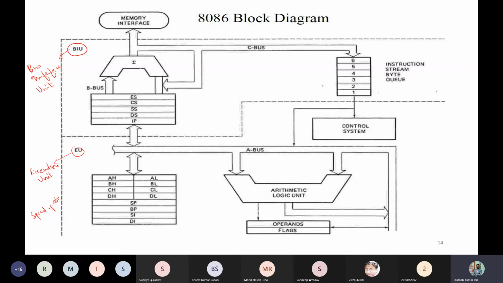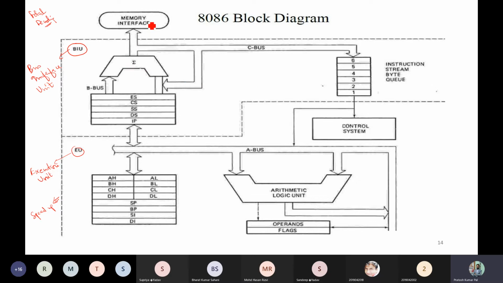It is separated, and the first step is, if any instruction is being fetched, instruction fetching and then decoding. So basically the instruction fetching is done by the bus interface unit, and then decoding and executing will be performed by this execution unit.